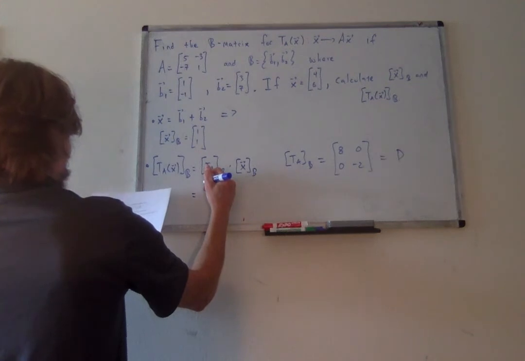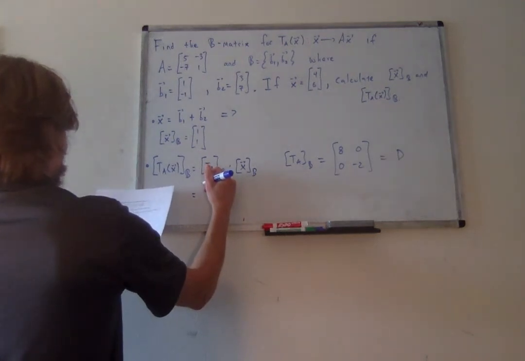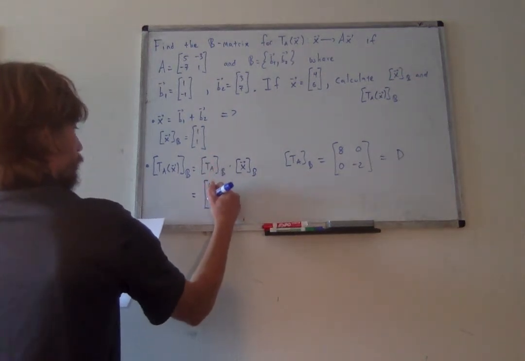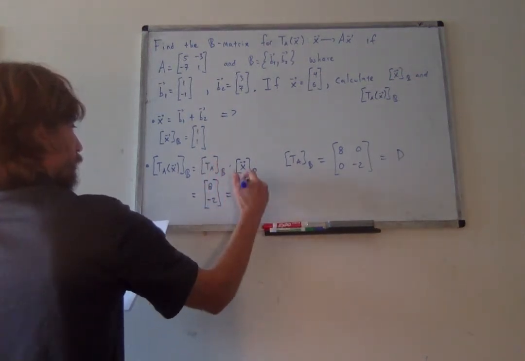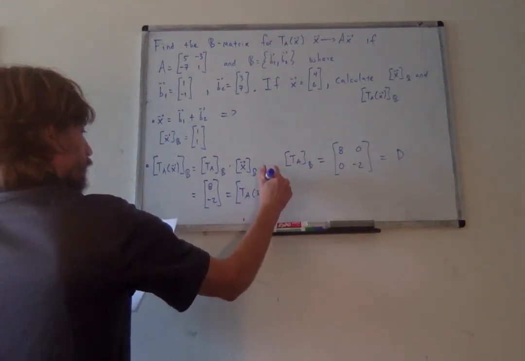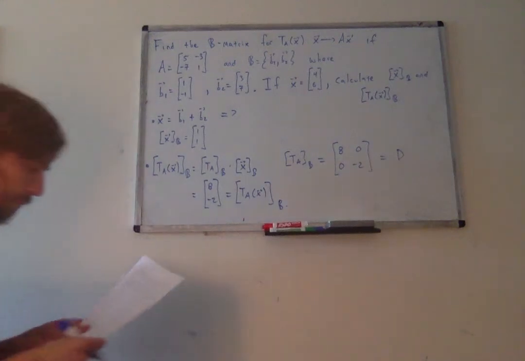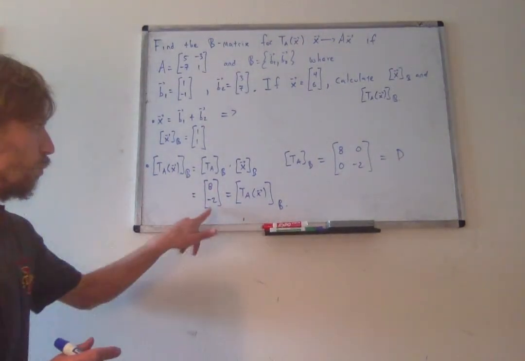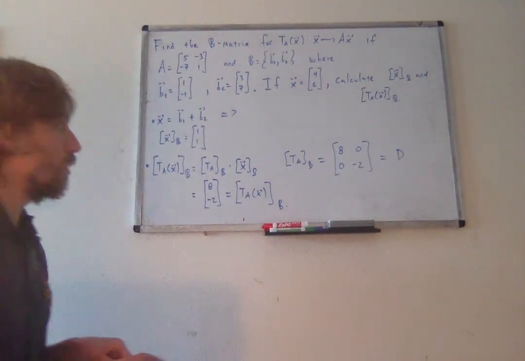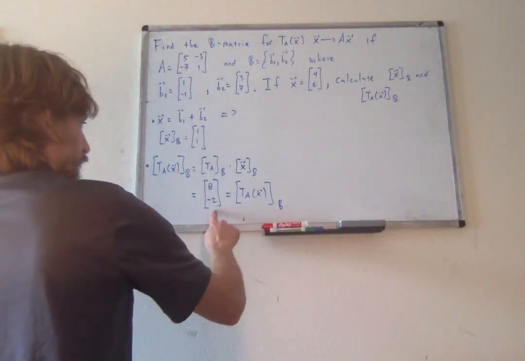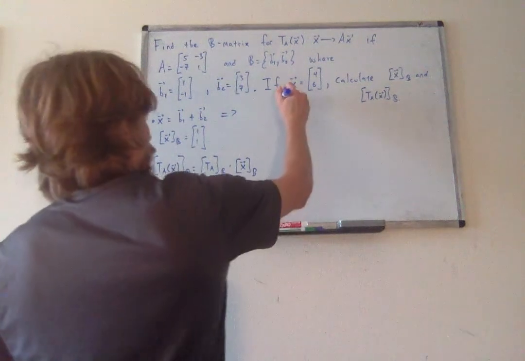And so this is equal to the vector 8, negative 2. And so just a quick idea of what this vector means. This is, again, the B representation of the image of x. So we can check our work.